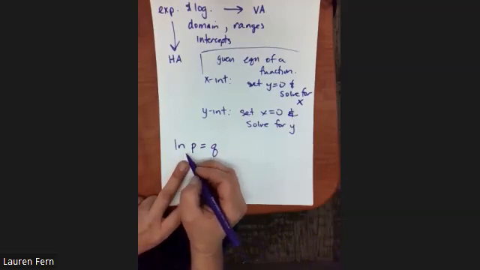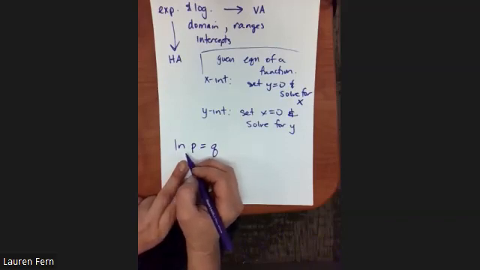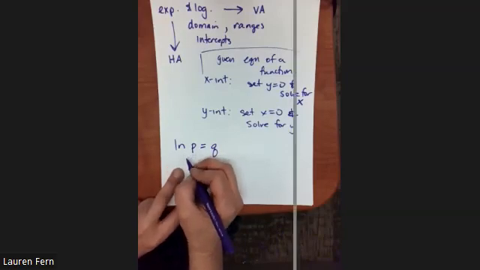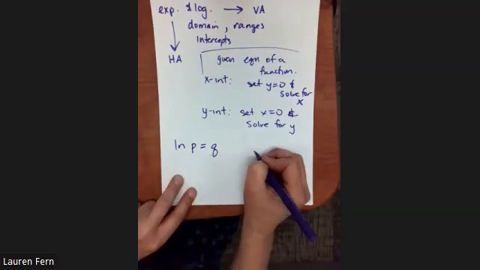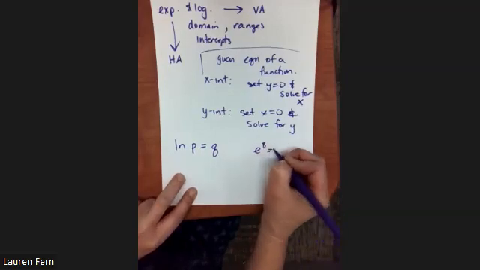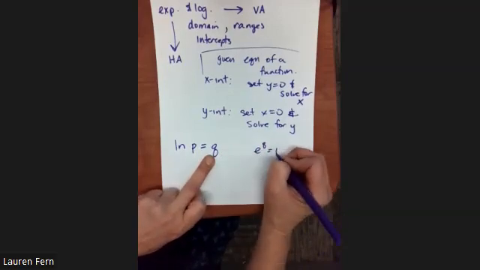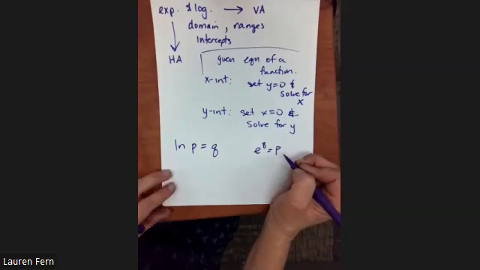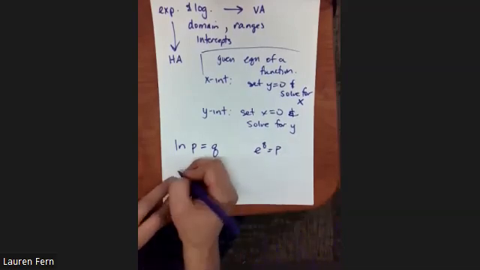When you have ln, by default, what is the base of your logarithm? Okay, it's e. So the way we would change that to equivalent exponential form is e to the power of q equals p. I just don't want you to forget that.